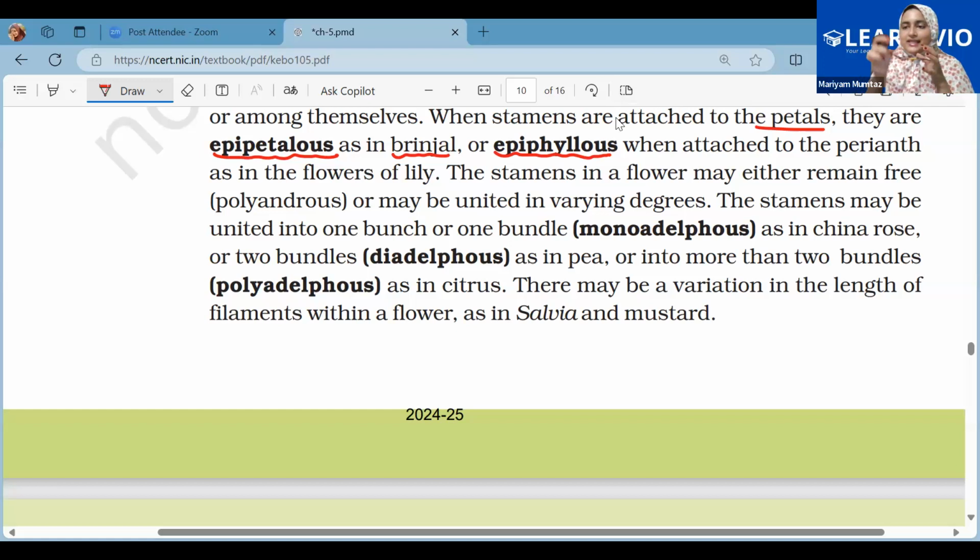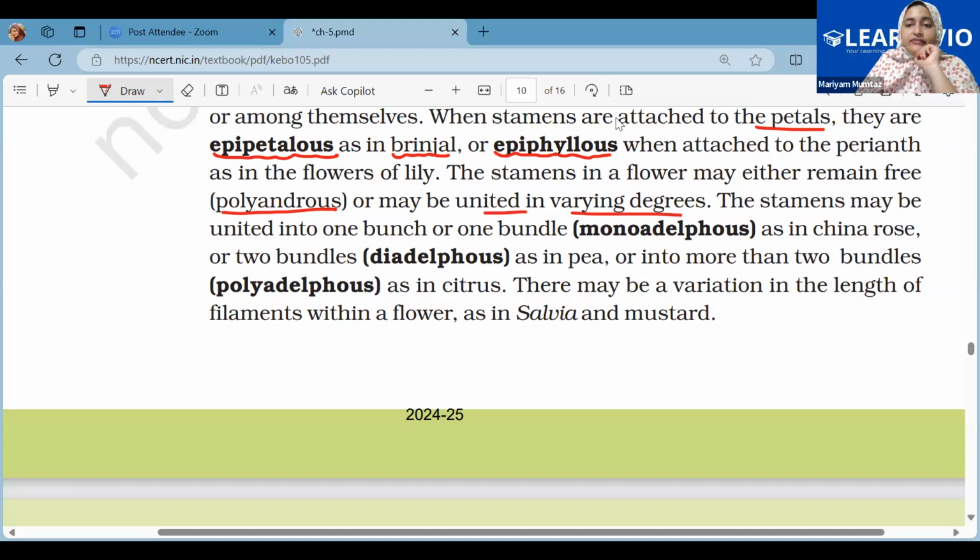You can make out one stamen, two stamen, three. You can count them. But many a time the stamens are present in a bunch and attached onto each other. They are fused. In the case where they are free, we call it polyandrous, just like polypetalous, polysepalous, right? So here, polyandrous. And they may be united in varying degrees.